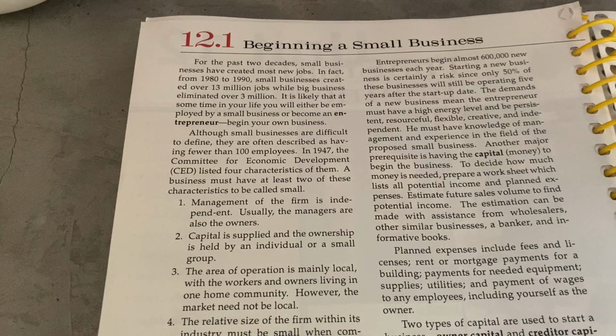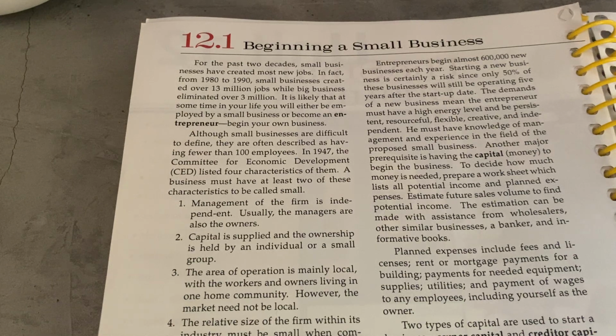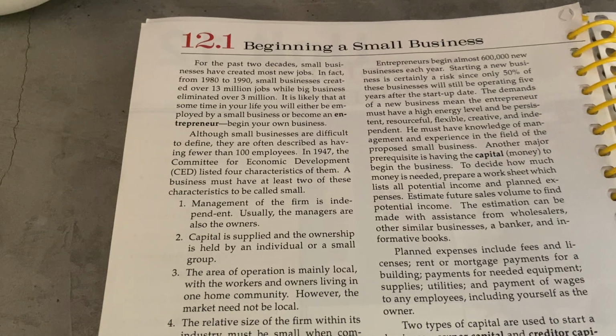So usually they have a worksheet that can be put together that can tell you exactly all your potential incomes that you have, and estimate your future sales and volume, wholesalers, and all these things. But basically, having that capital to decide how much money is needed, you prepare this worksheet which has this potential income to see if you have enough capital to start your business.